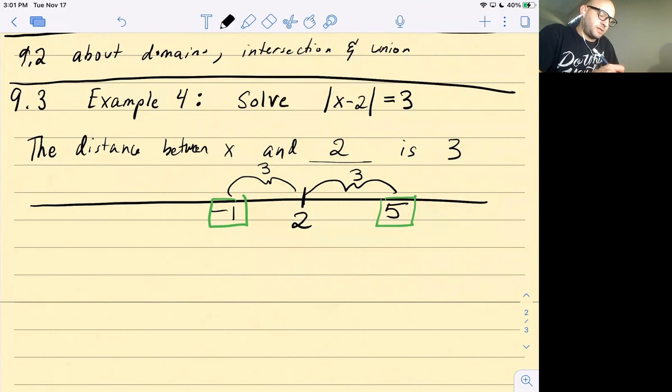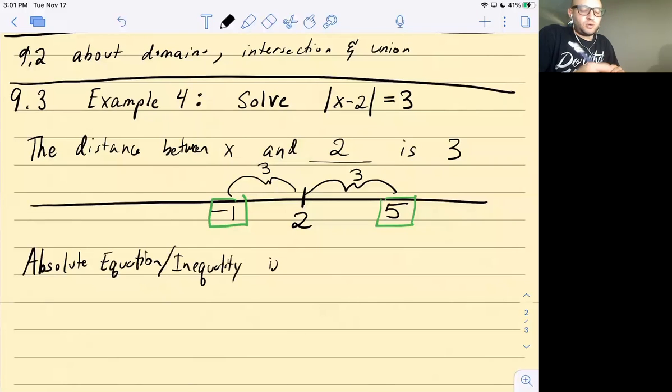So I'm going to write this key idea. An absolute value equation or inequality is always secretly 2 equations.